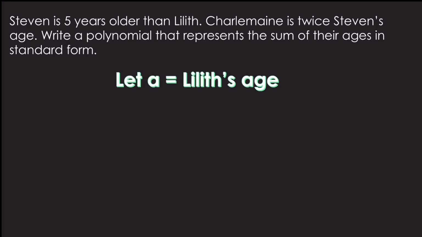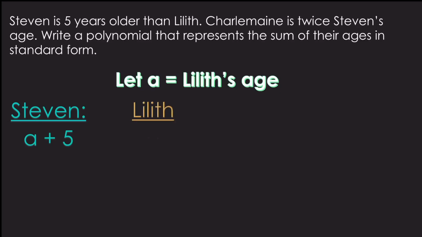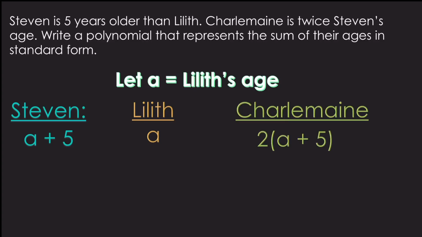So here's how I set mine up. We have Stephen. He was 5 years older than Lilith. And remember I said Lilith was A. Now, Colmaine was twice Stephen's age. But remember, Stephen wasn't just one thing. He was a binomial. So I needed 2 times that binomial.